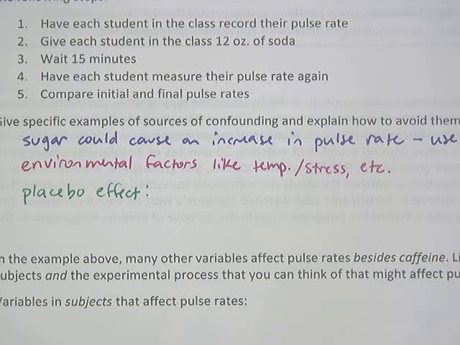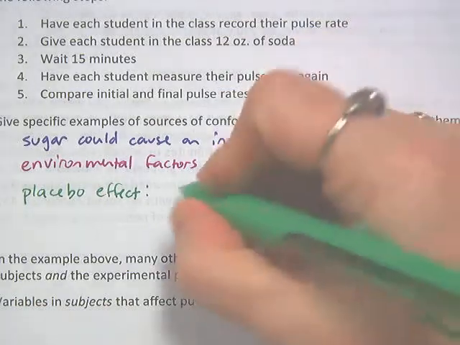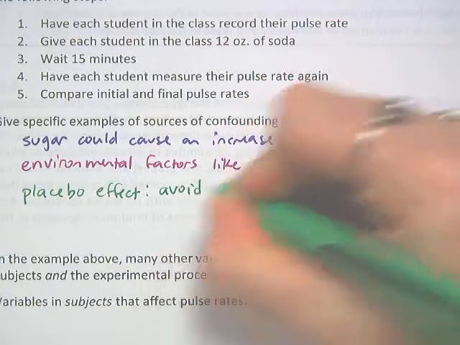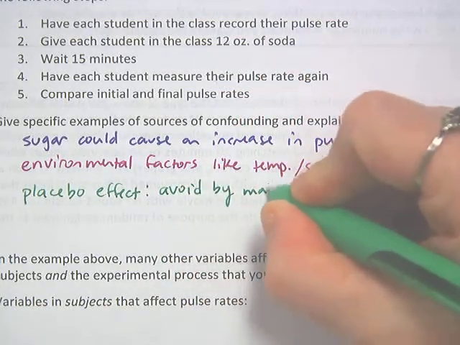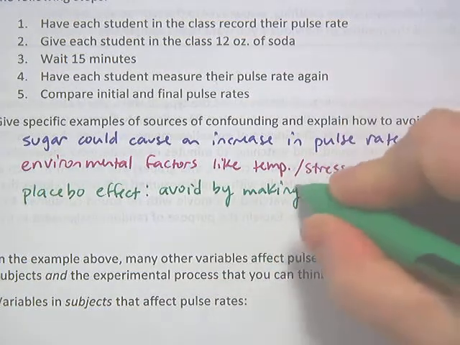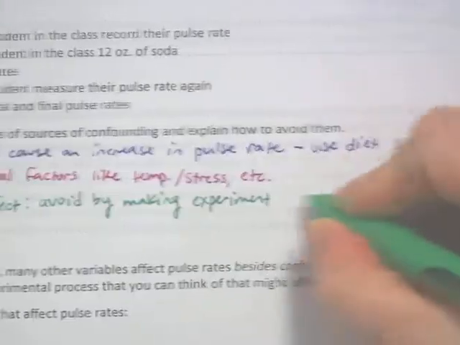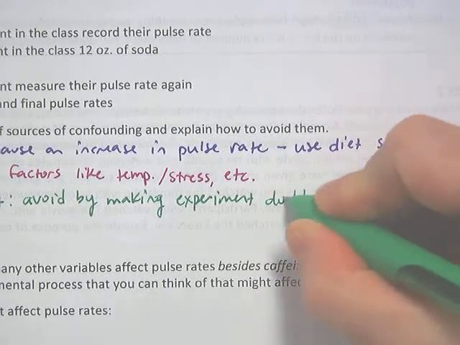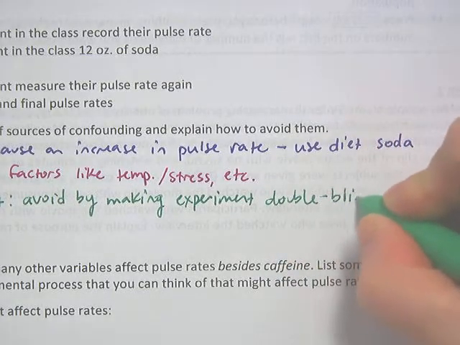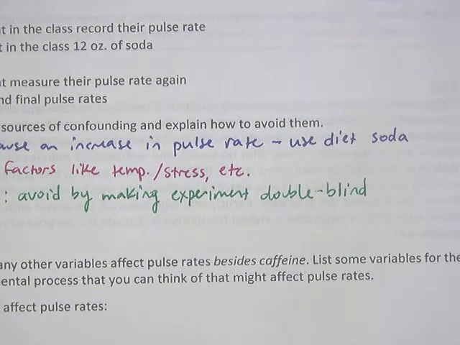So to avoid that, avoid by making the experiment double blind. That will also eliminate sources of bias.